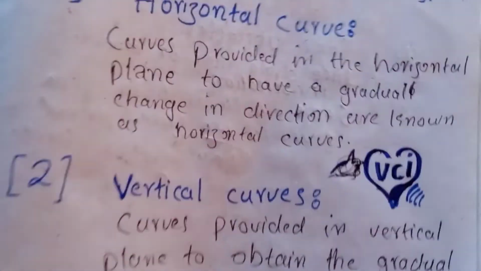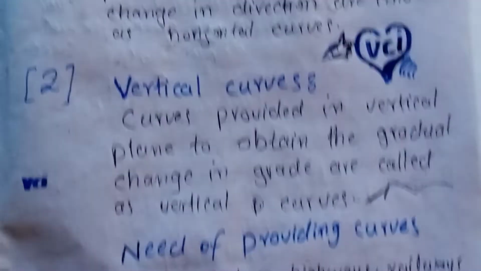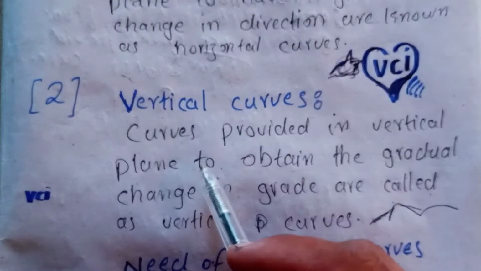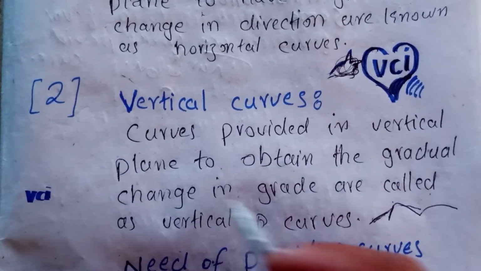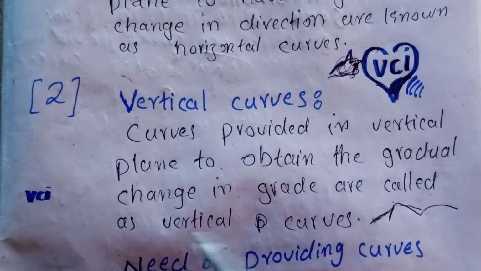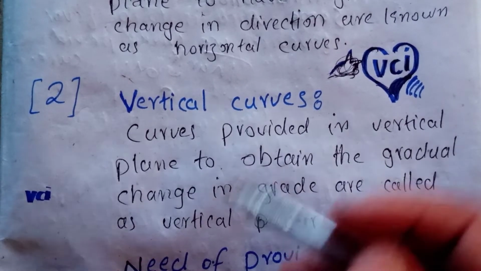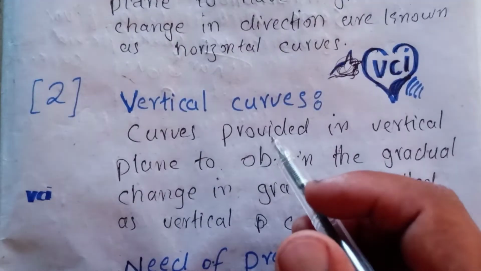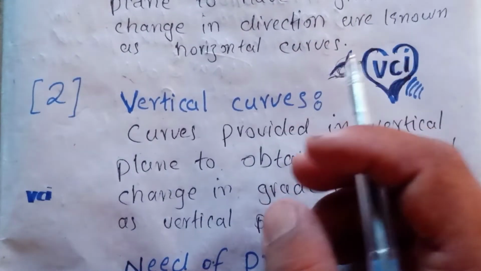The second one is the vertical curve. Number two, vertical curve. Curves provided in the vertical plane to obtain a gradual change in grade are called vertical curves. It means that when a curve is provided in the vertical plane, then that curve will be called a vertical curve.